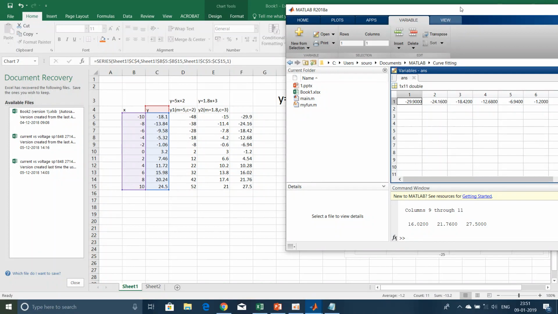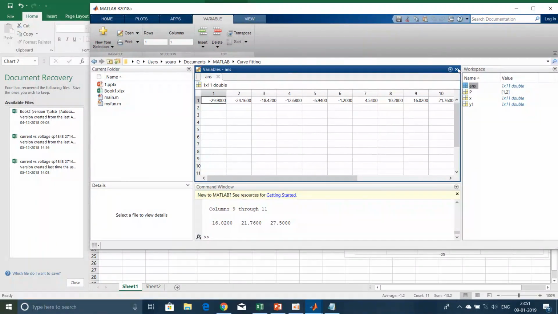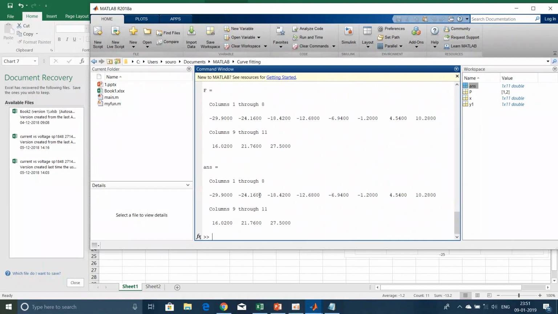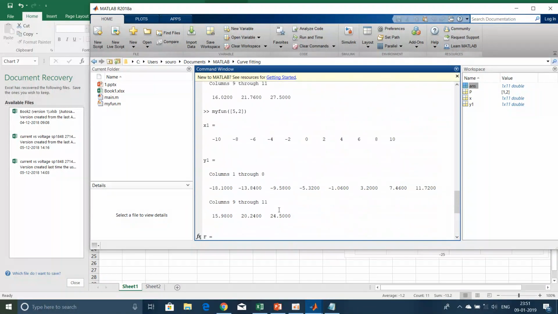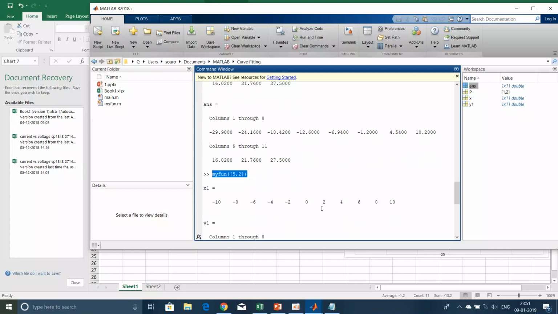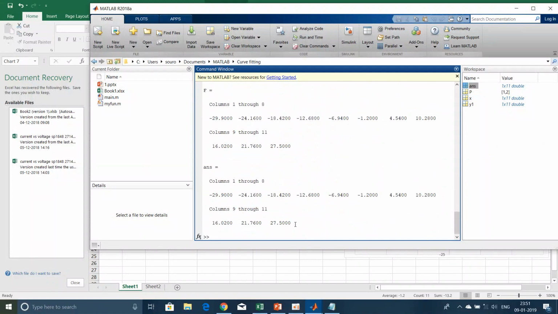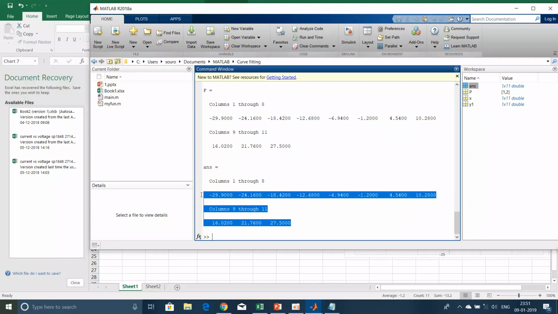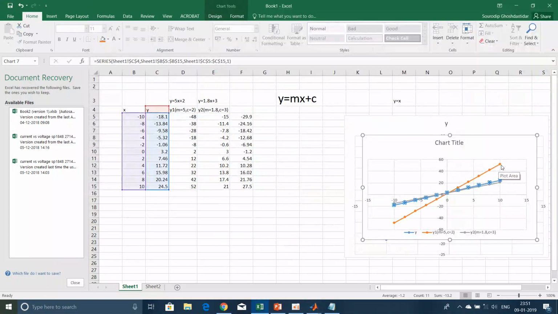So basically the function myFun, if you put the value of m and c into myFun, the output is basically the differences between the model data and the experimental data.